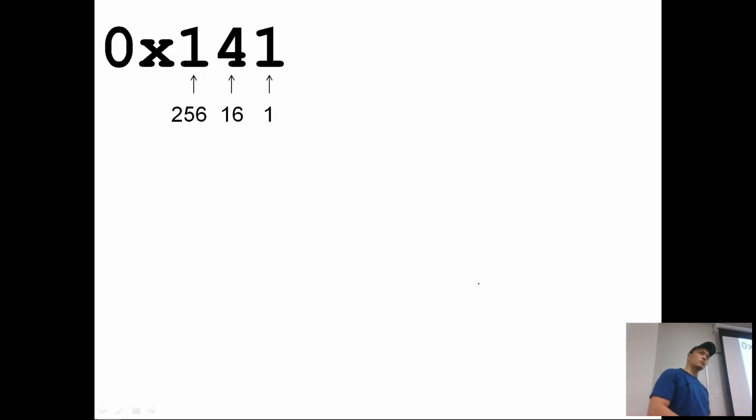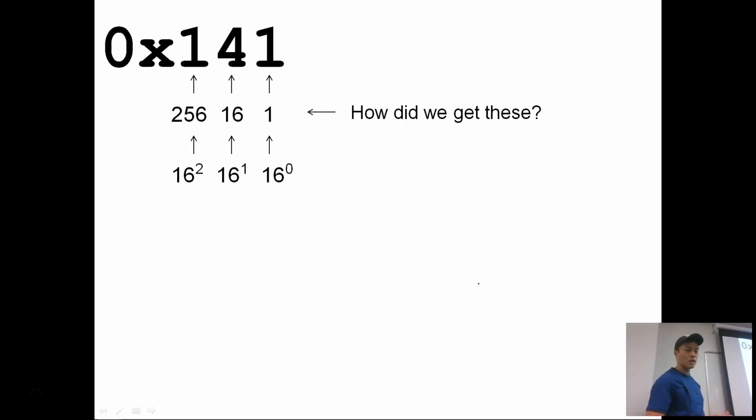So in hexadecimal, just like in binary, just like in decimal, we have these positions and values associated with these digit positions. First one is 1. Second one is 16. Third one is 256. So how did we get these? Again, we got those as powers of 16. 16 to the 0, 16 to the 1st power, 16 squared.